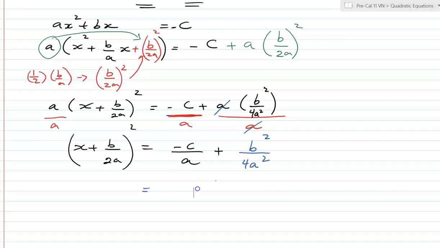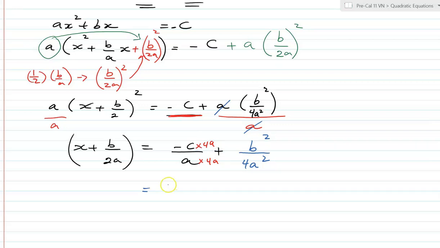Okay, let's add these two. So its common denominator is 4a squared. That means I have to multiply that first term by 4a, and the top has to be multiplied by 4a, so I can add these two fractions. So what will I get?